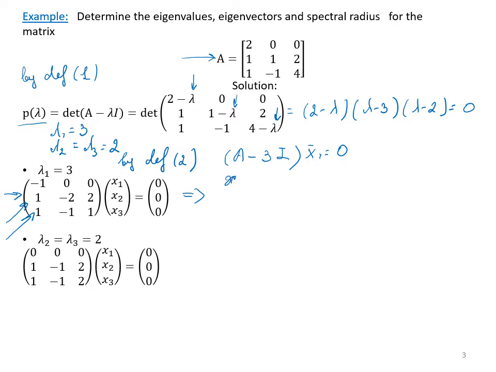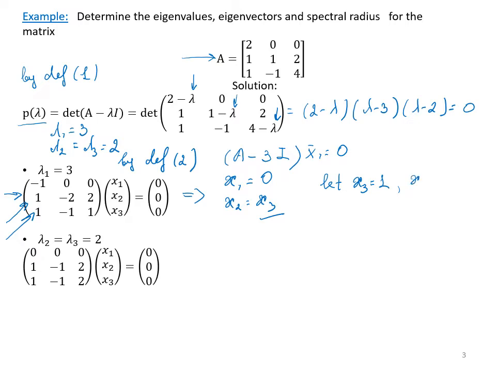So here we have x1 equals 0, x2 equals x3. Any non-zero value of x3 produces an eigenvector for the eigenvalue lambda 3. For example, let's take x3 equal to 1.